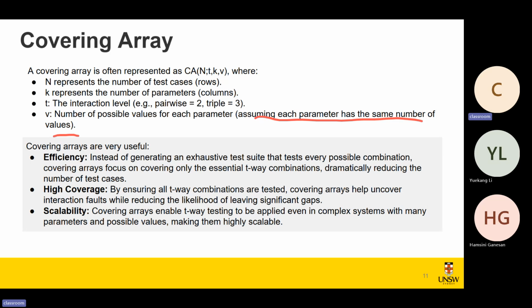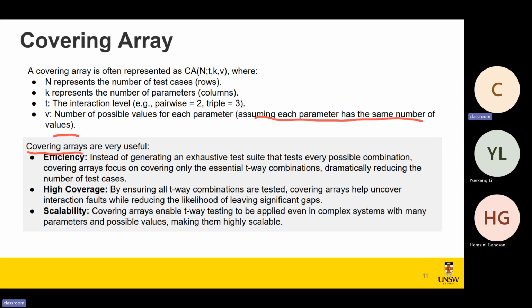And because we are reducing redundancies, we can sometimes apply a higher value of T if we use a covering array. That's all about the definitions and benefits of using covering arrays.